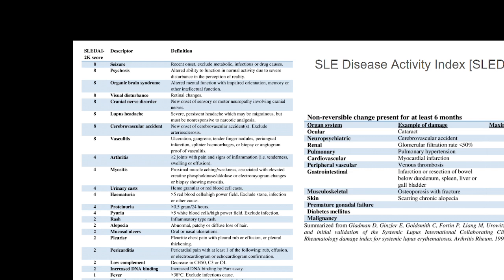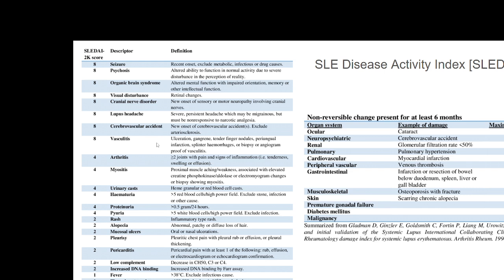We will have relatively high scores for the symptoms of seizures, or patients who have psychosis, or an organic brain syndrome, brain damage as in vascular pathologies, or a visual disturbance, or a cranial nerve disorder like bulbar palsy, or lupus headache, severe headache, or cerebrovascular accident symptoms with the typical features. In all those neurological conditions the score is quite high, which is 8.